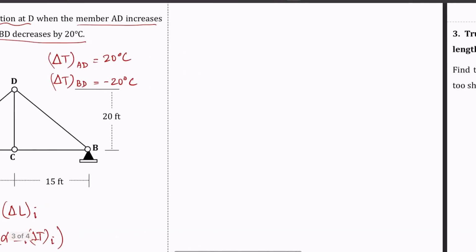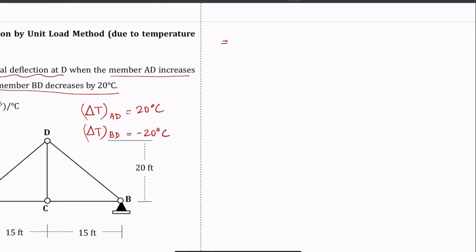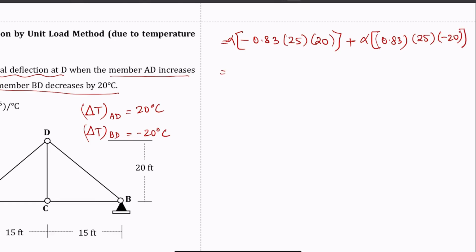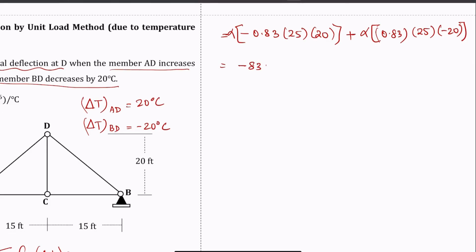So here, if I do all the calculation together, I'll get equal to minus 0.83 into 25 into 20 alpha plus alpha 0.83 into 25 minus 20, and if I sum them together, putting all the alpha together, you'll get minus 830, and then alpha is 12 into 10 to the minus 6.